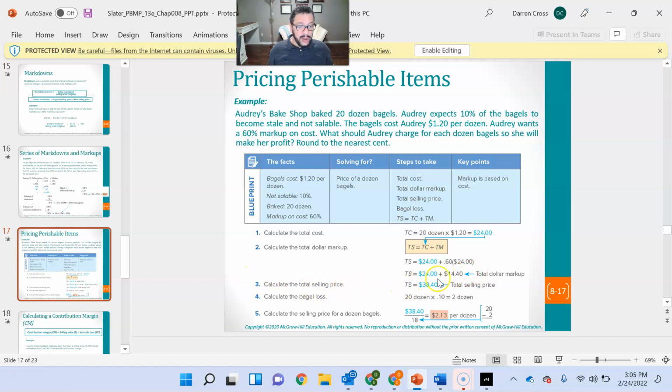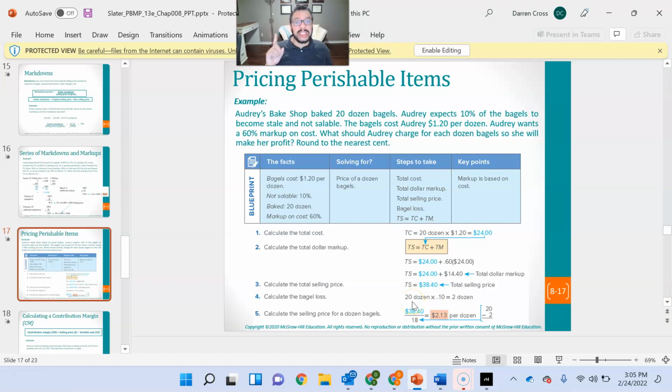So we know that what we need to sell everything for is what we bought it for plus this markup, because that's our formula. Our total sales needs to be $24 plus $14.40. So we need to get $38.40 total. Now, we have 20 dozen, and we could say, well, we just divide $38.40 by 20 dozen.